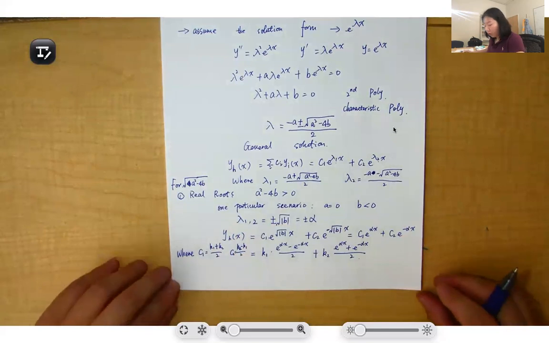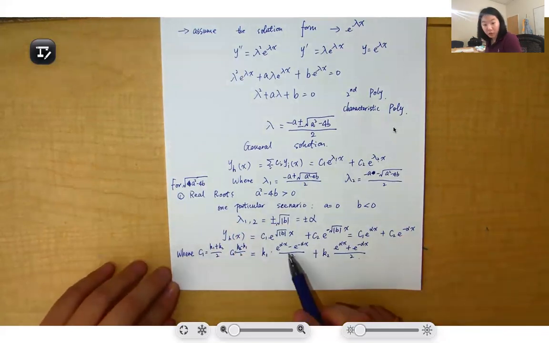So we are just rewriting this exponential part with hyperbolic functions.